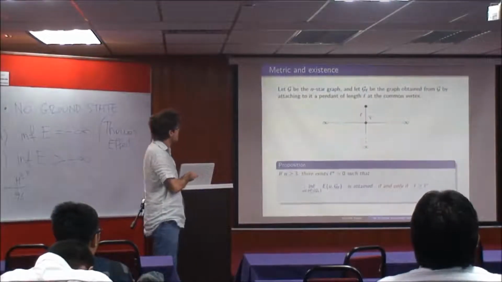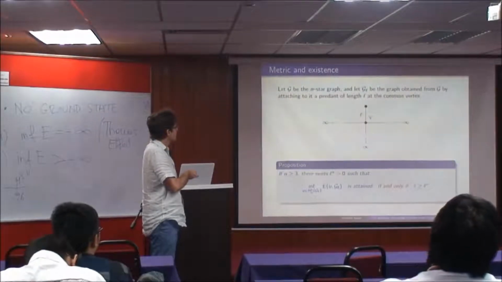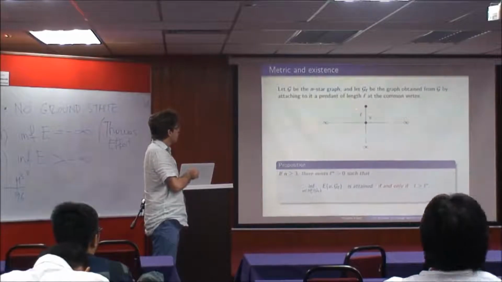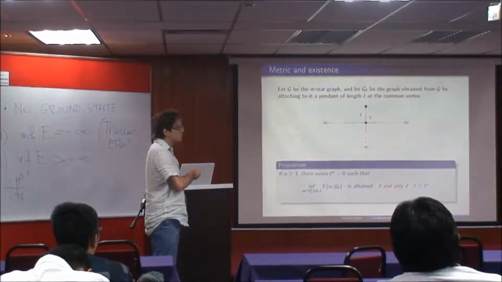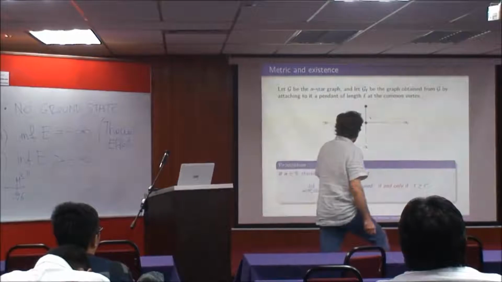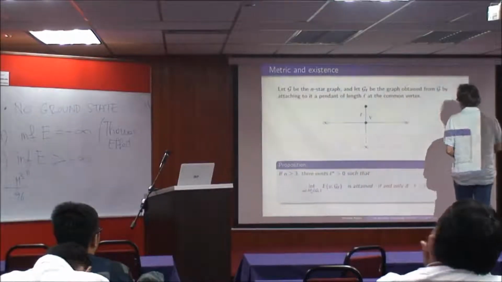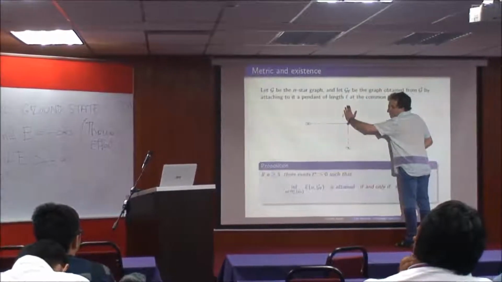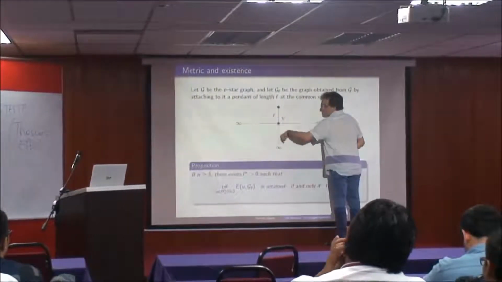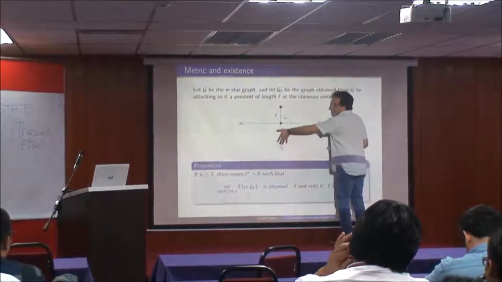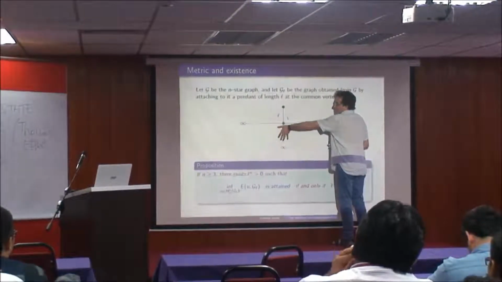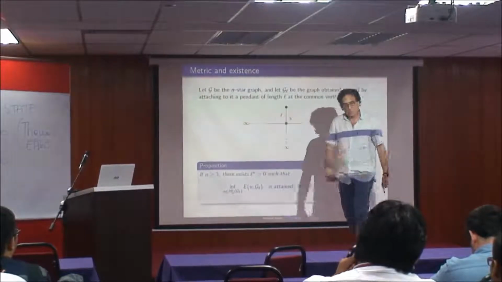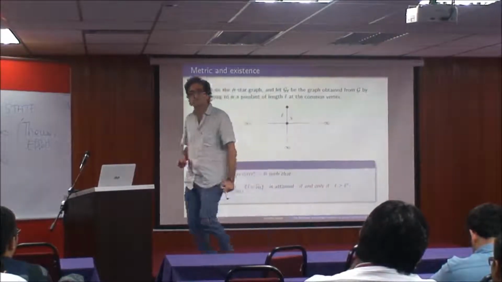We take S3, so 3 half-lines, but attach a terminal edge or pendant of length L. Remember that without this terminal edge, there is no ground state. This is S3 here. Without one half line, this is the line with a pendant. It was the second example we discussed, and there is always a ground state.